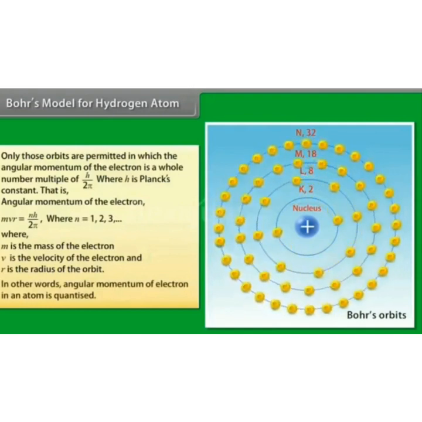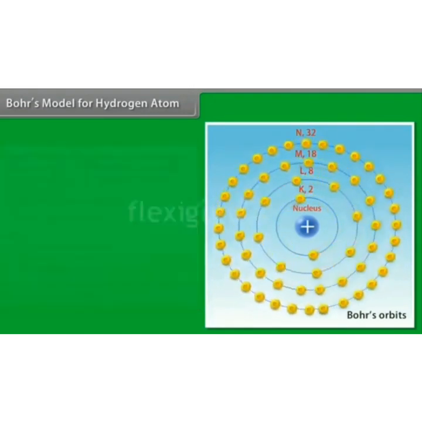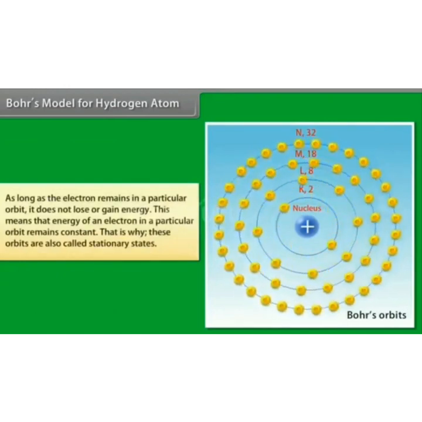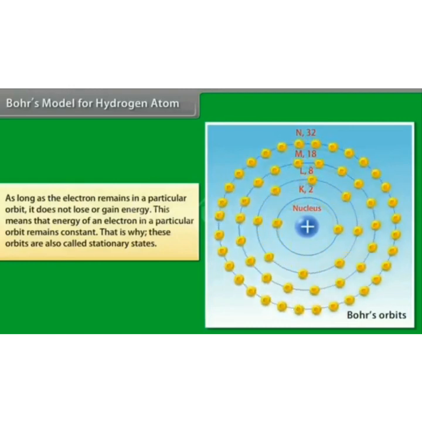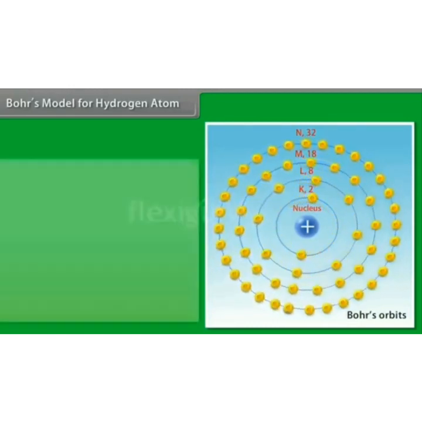In other words, the angular momentum of an electron in an atom is quantized. As long as the electron remains in a particular orbit, it does not lose or gain energy. This means that the energy of an electron in a particular orbit remains constant. That is why these orbits are also called stationary states.